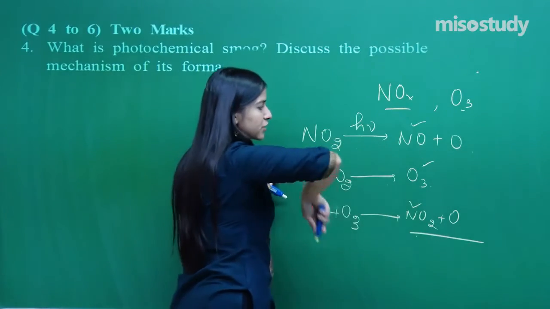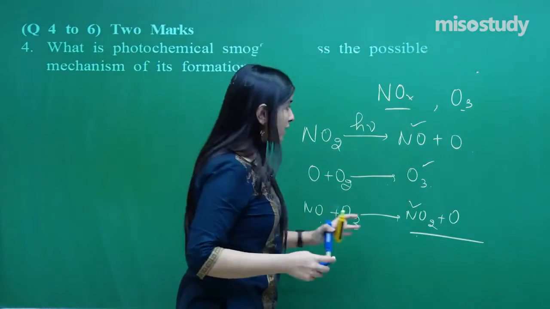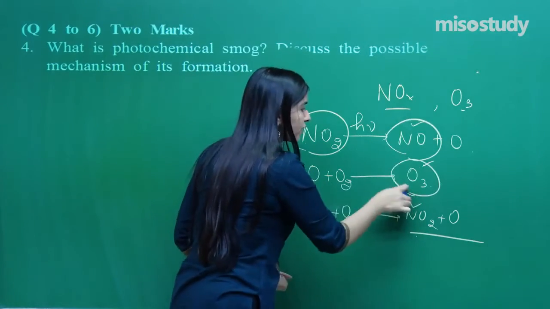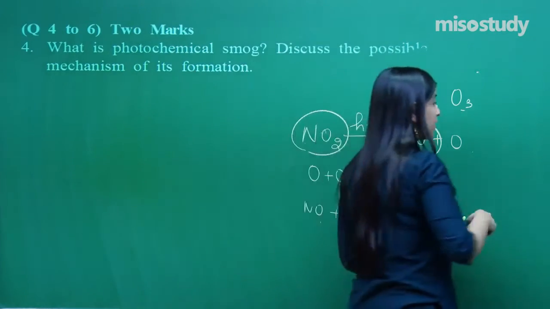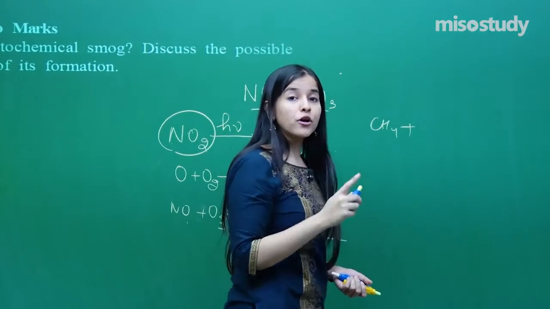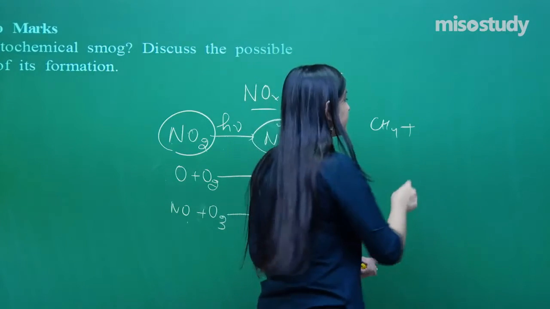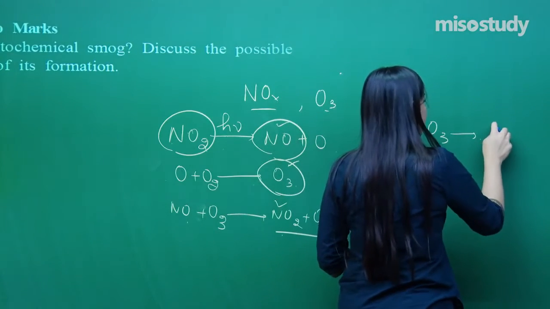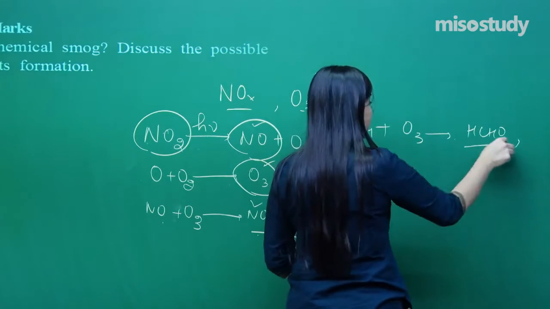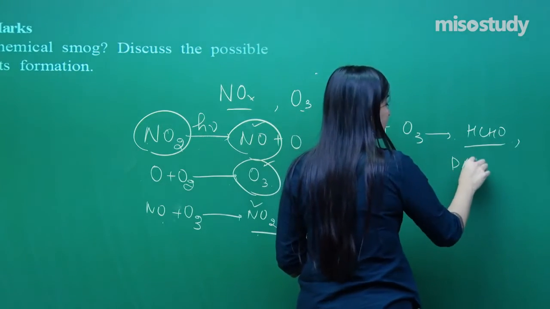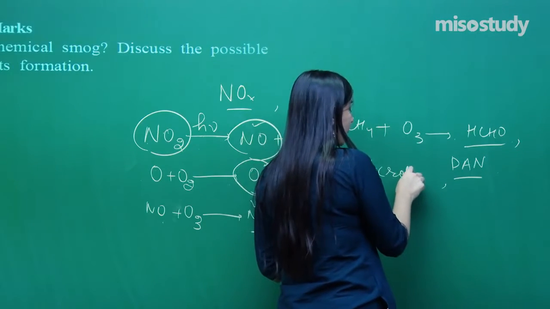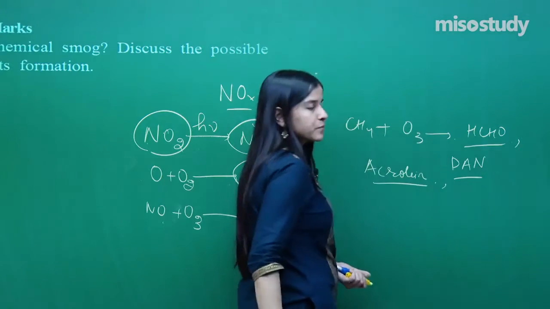Again, there is a chain reaction happening. What happens due to these pollutants? They can combine with the hydrocarbons, some of the very common pollutants in the atmosphere, giving formaldehyde, which is a pollutant, PAN that we just discussed, and acrolein.